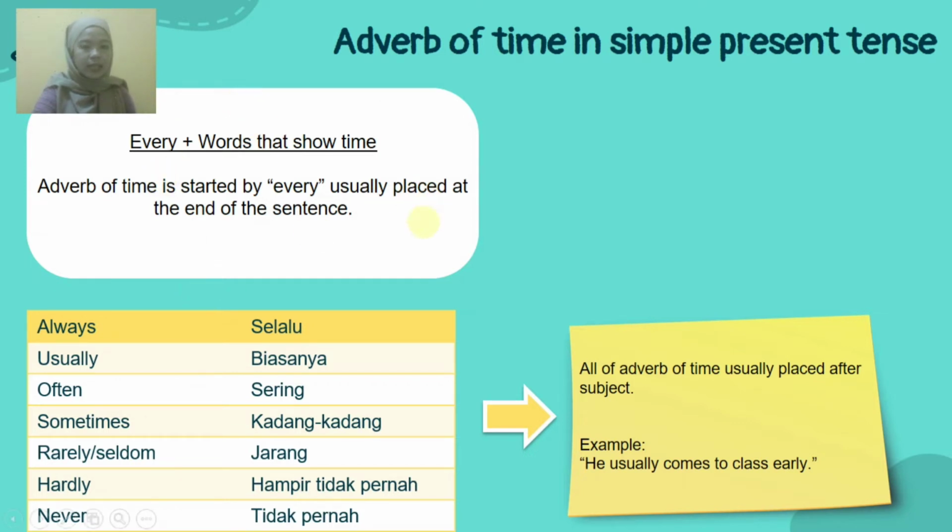As you see, it is different from the adverb of time every, because every is placed at the end of the sentence, while the adverbs of time in this table are placed after the subject.